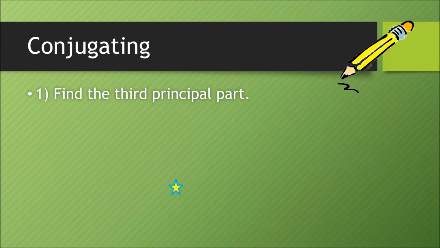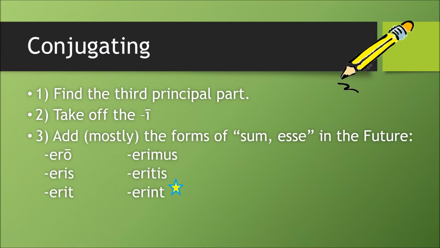It's conjugated in almost exactly the same way as the pluperfect tense, where you find the third principal part and take off the I, but instead of adding the imperfect tense forms of sum esse, you're going to add the future tense forms, or almost exactly the future tense forms of sum esse.